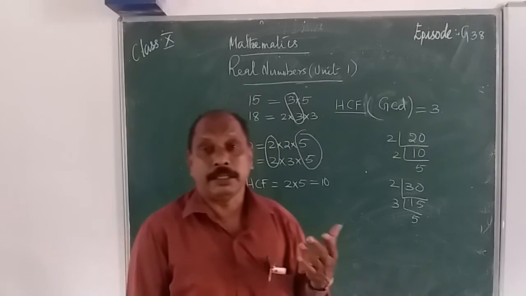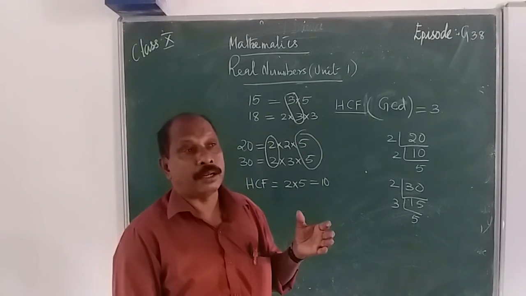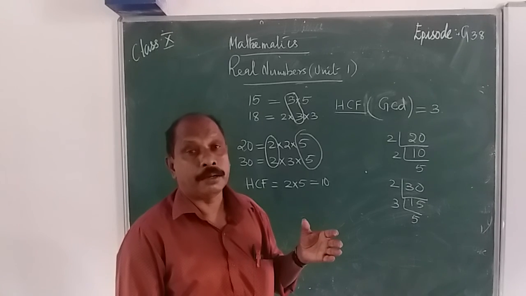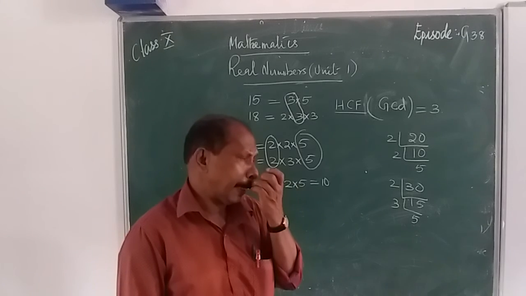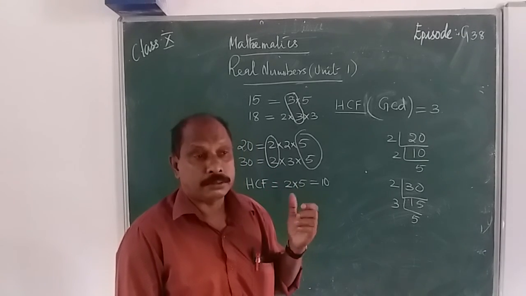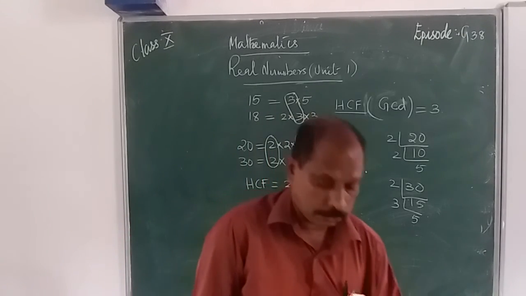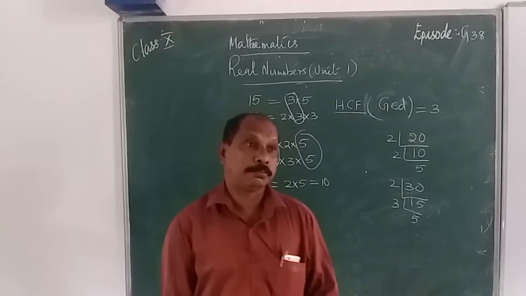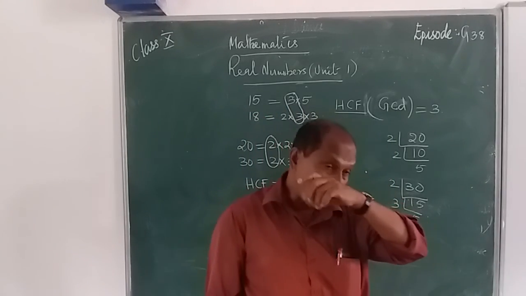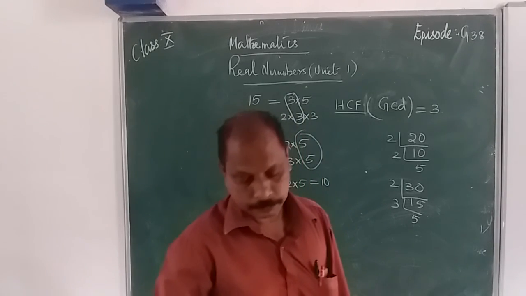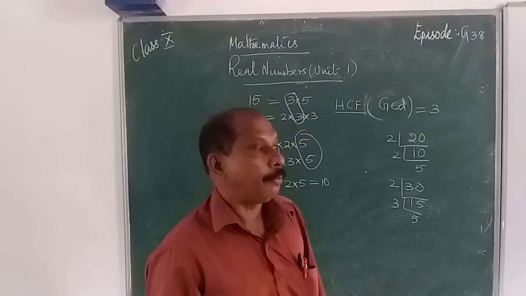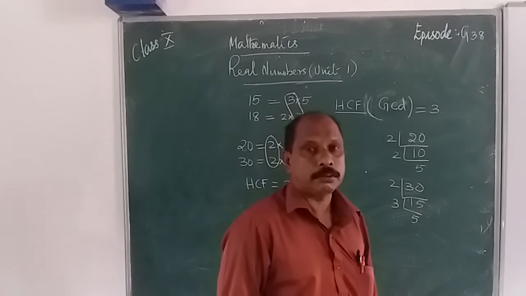There is another method, that is the division algorithm lemma, where we divide the number by a method. It is in your textbook, and it is important, but now we are eliminating that part from your exam. The division algorithm lemma is not in your unit.